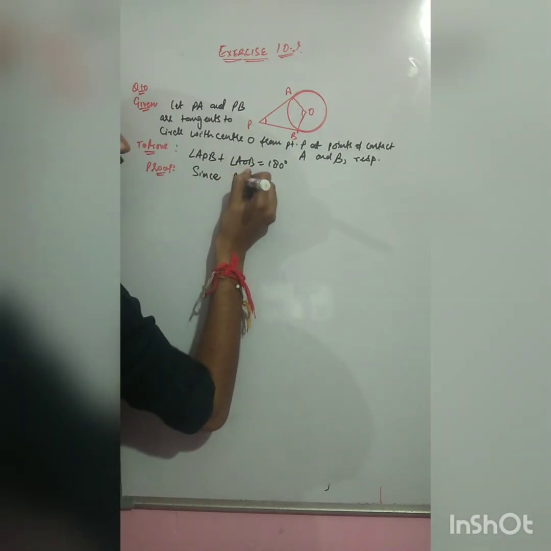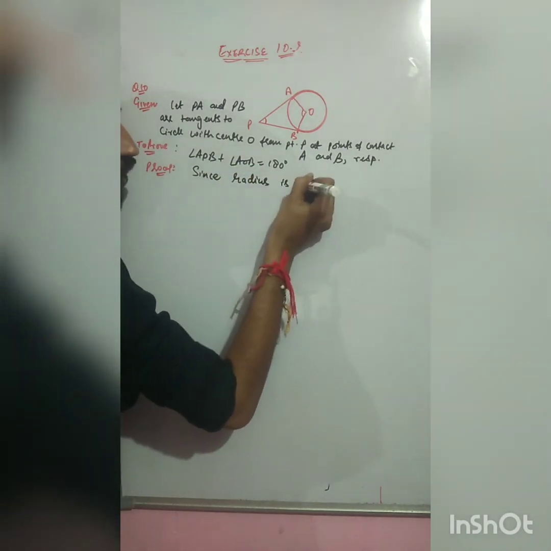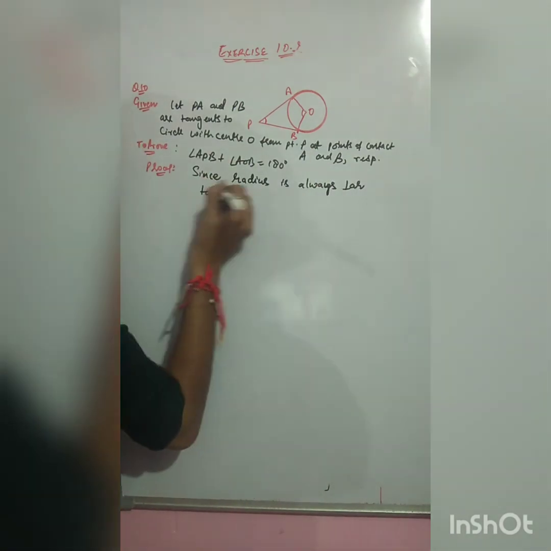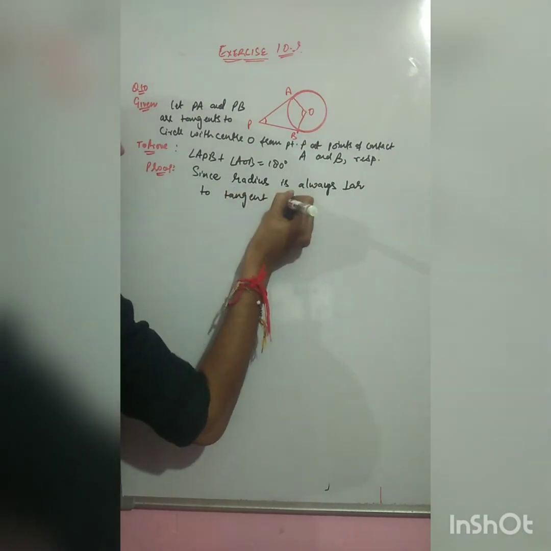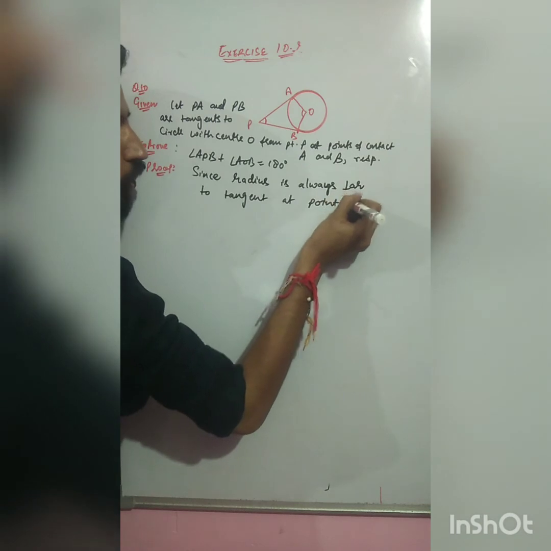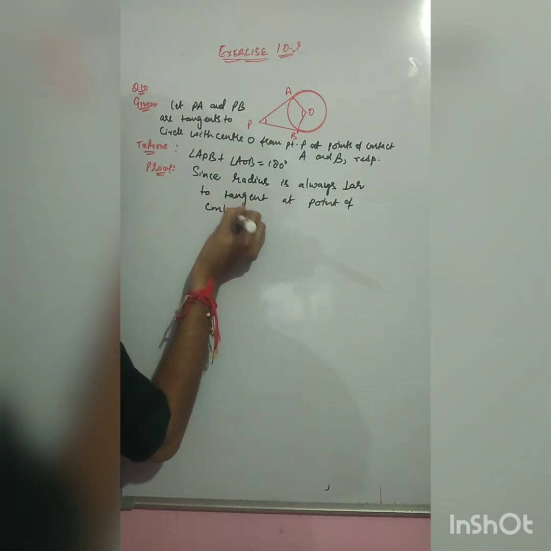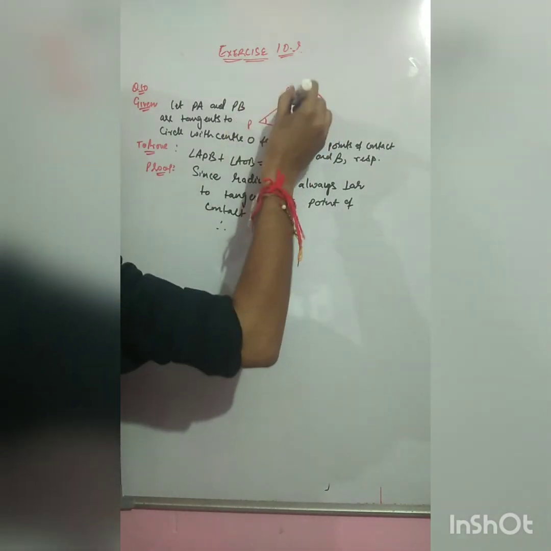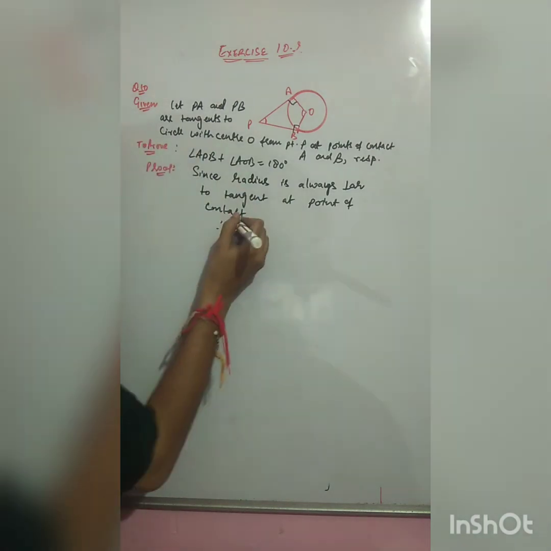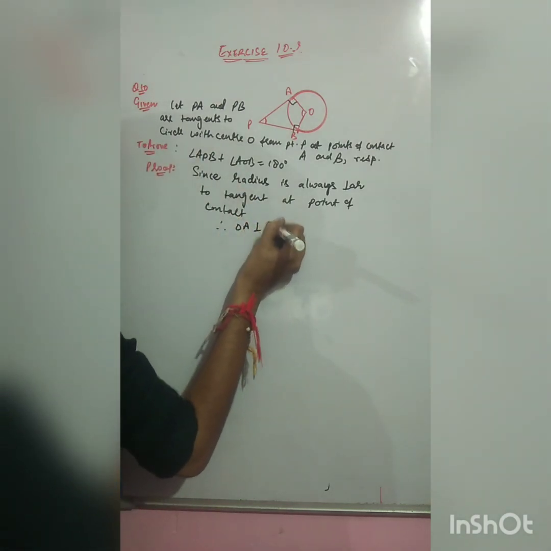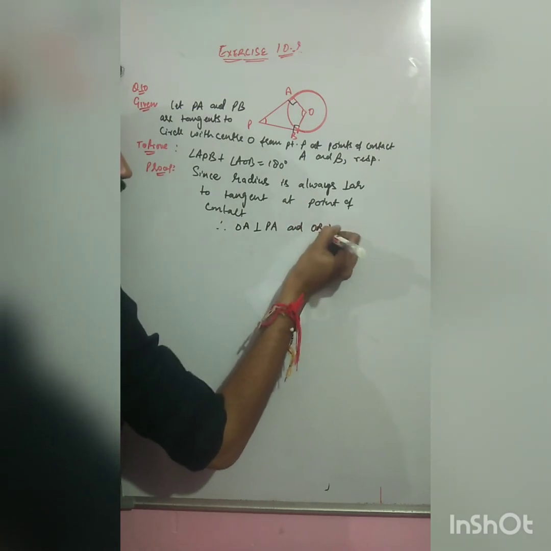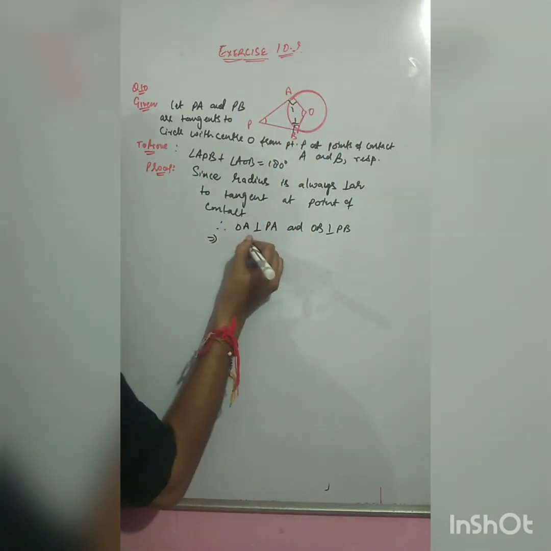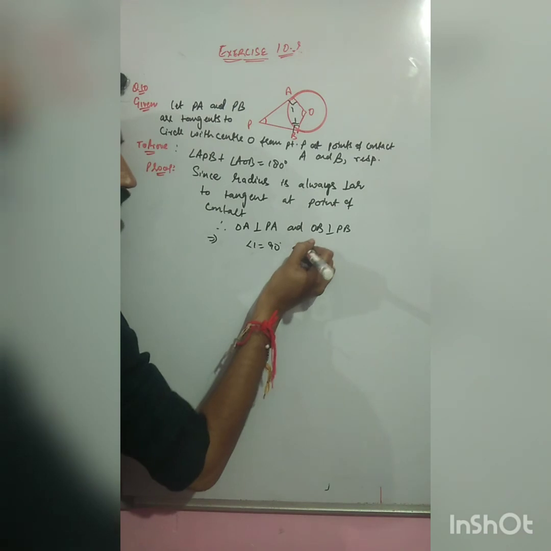Since the radius is always perpendicular to the tangent at the point of contact, therefore OA is perpendicular to PA and OB is perpendicular to PB. Let them be angle 1 and angle 2. Angle 1 is also 90 and angle 2 is also 90.